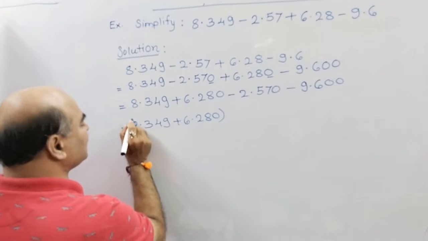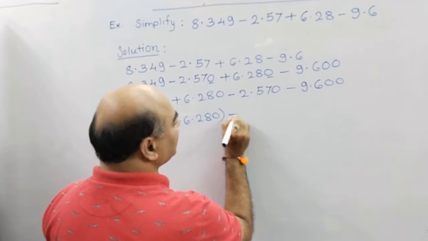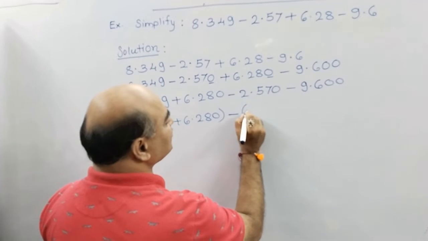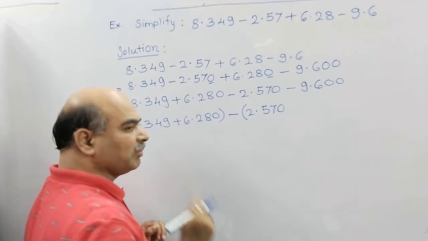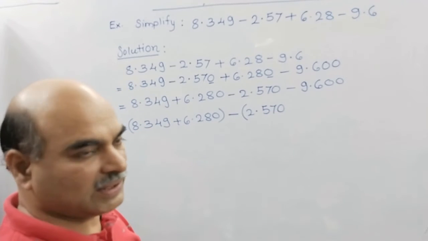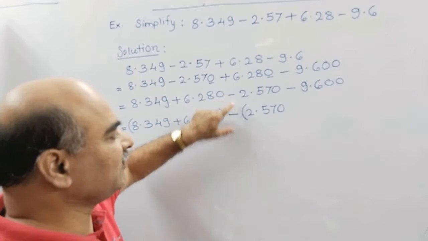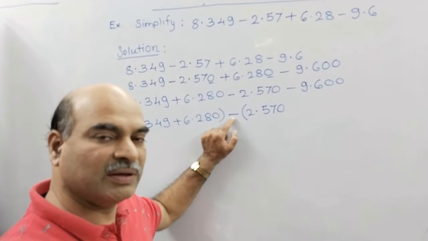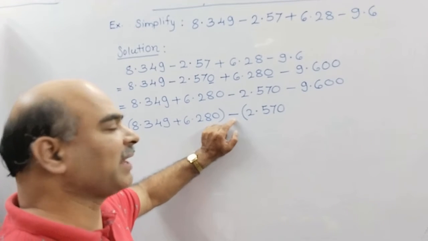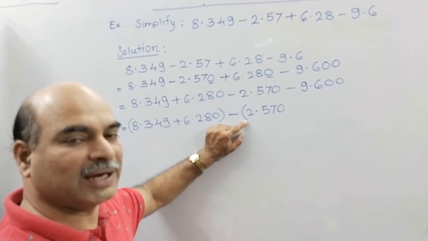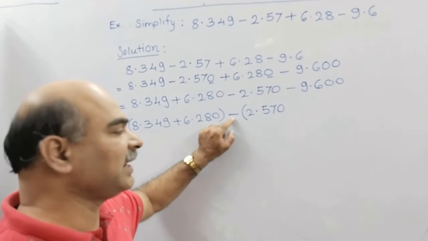Now we make groups: a group of positive numbers, which we put in a bracket. Then minus, and the next group. Remember, when we make brackets and there is a minus sign before the bracket, we carry the minus sign before the bracket as it is.